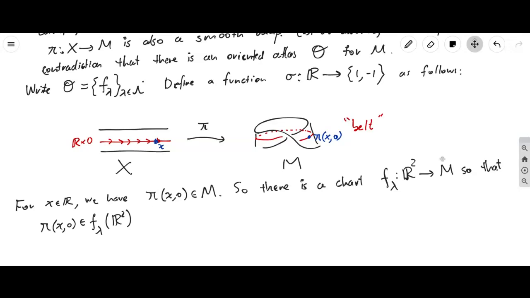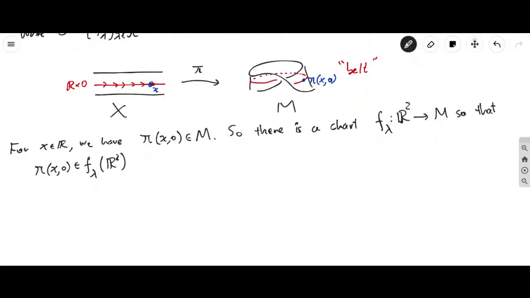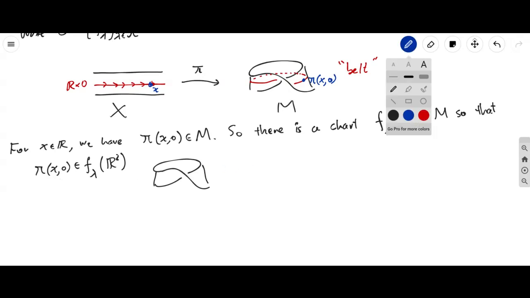Okay, so maybe I can redraw the picture again so we get a better idea of what we're trying to say. Is we have our Mobius band like this, and we have a point on the Mobius band right over here. I'm not going to give it a name, it's just that point right there, and it is in a chart.